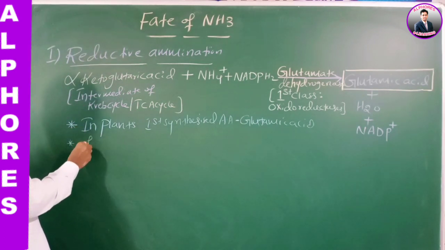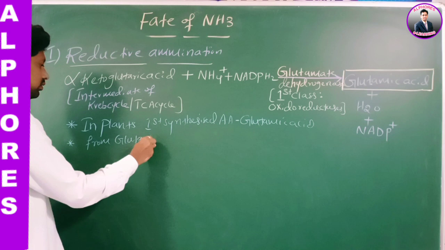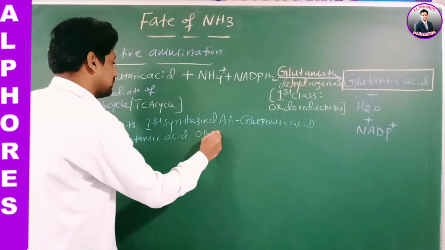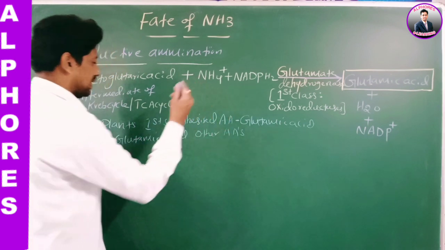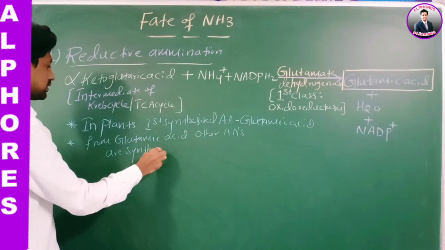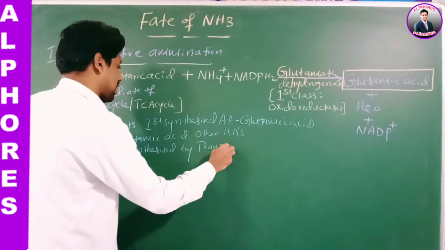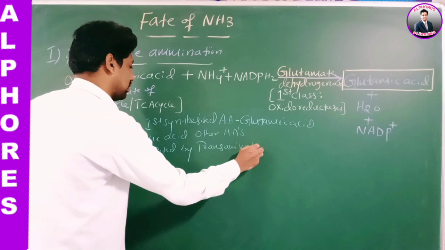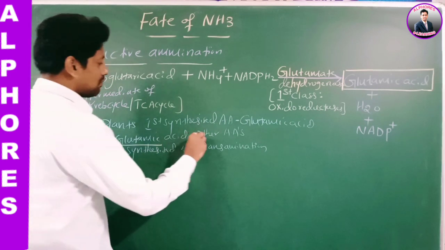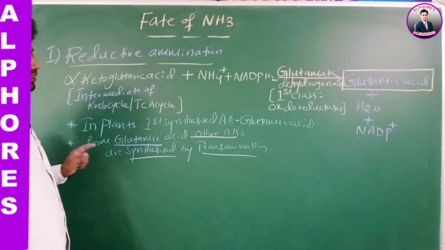From glutamic acid, other amino acids are synthesized by which reaction? Transamination reaction. Therefore from glutamic acid, other amino acids are synthesized by transamination reaction. Okay, this is about the first one.